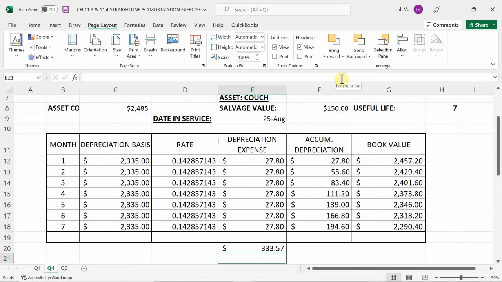Okay. Let's see. I get $83.39. That's only for 3 months. My asset is 4 months old, right? Right.